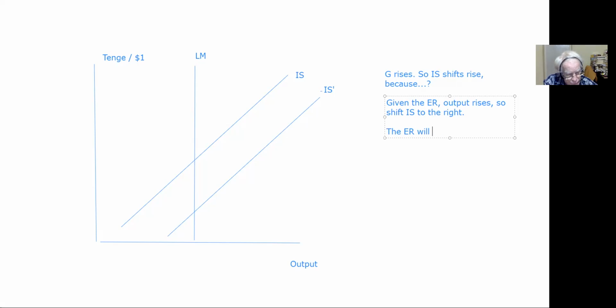Yes, good. So what does that mean for the tenge? Is the tenge becoming stronger or weaker? Did you say depreciates or appreciates?